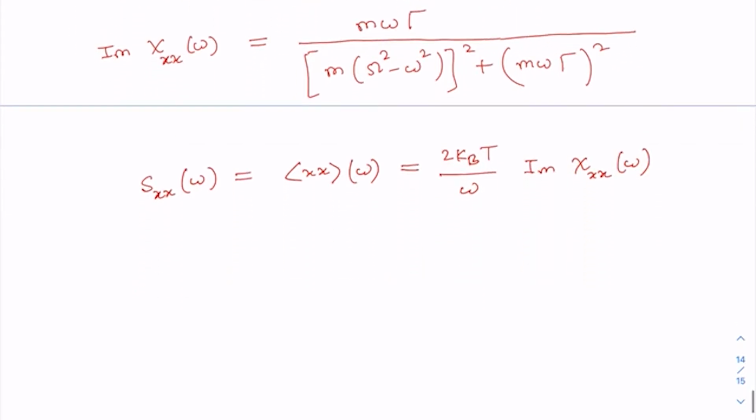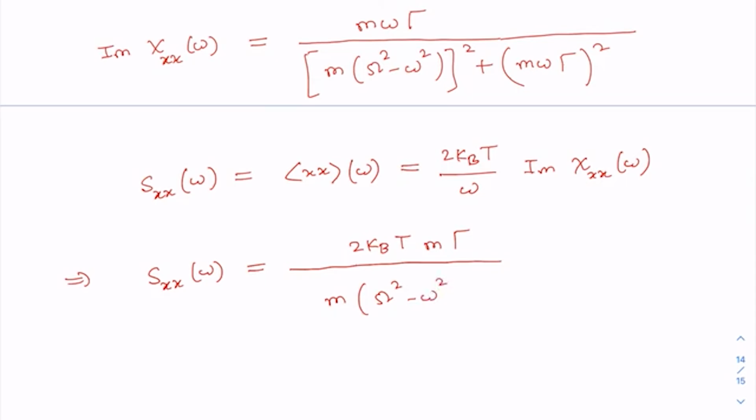Therefore, if I put in the terms from the susceptibility, the expression for the noise spectrum is twice kBT m gamma divided by (m(Omega² − omega²))² plus (m omega gamma)².